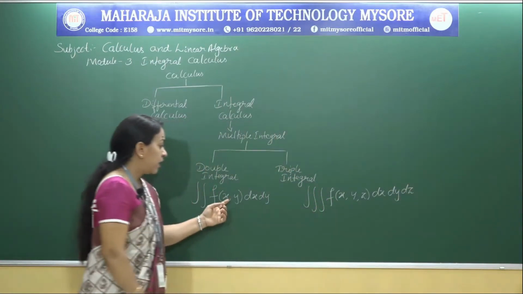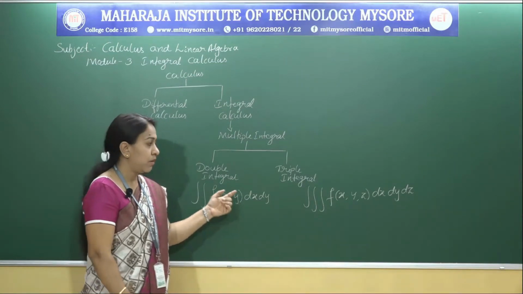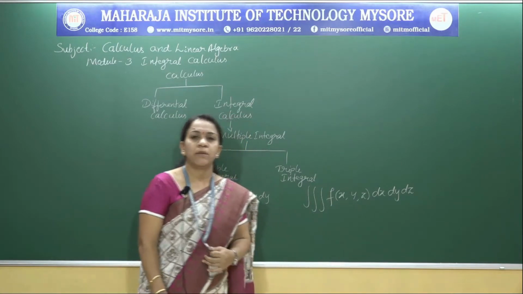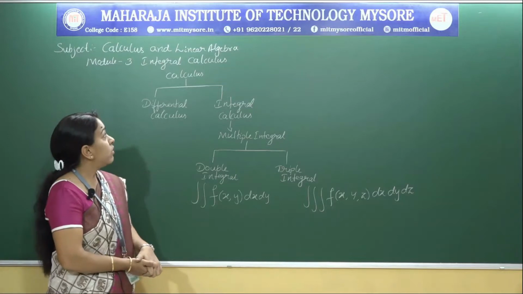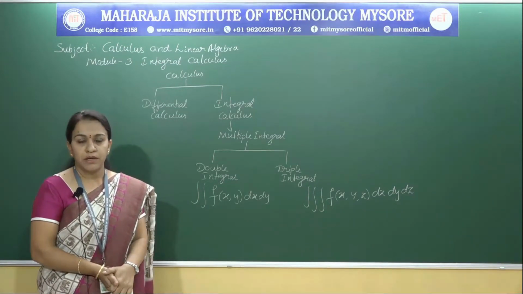So, in the double integral, we have two variables, x and y, both x and y are variables now. In triple integral, we have x, y, z as variables. Okay. Now, in this module, we are going to learn how to integrate double and triple integrals.